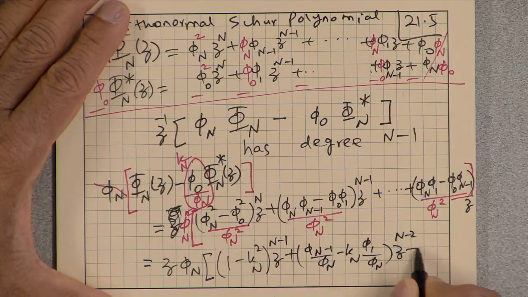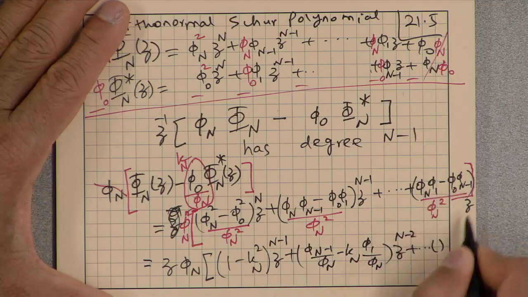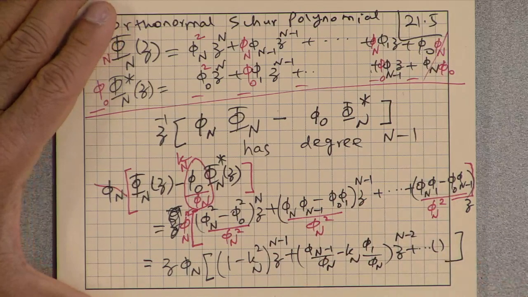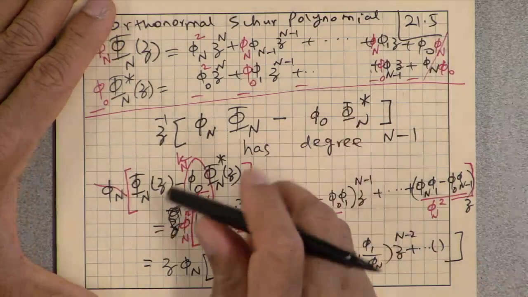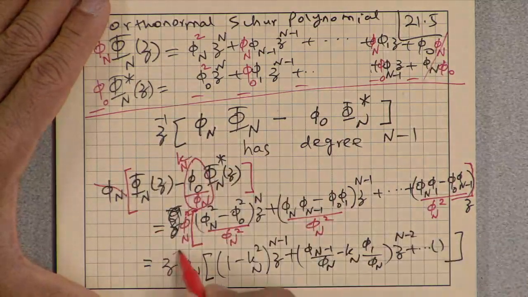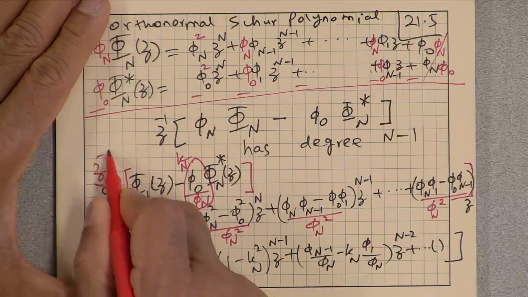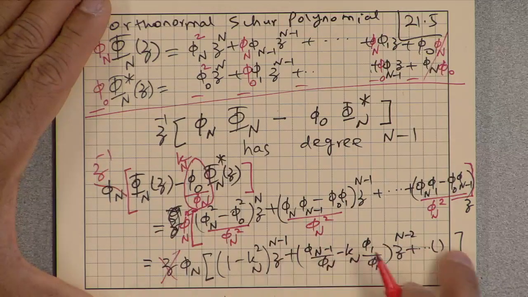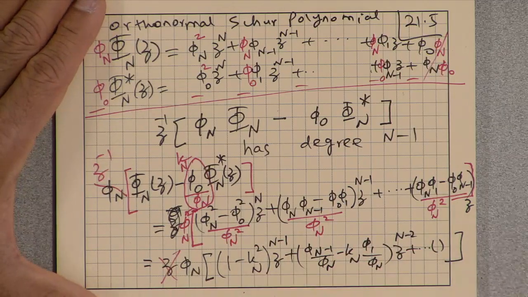Z to power minus 2 plus some constant term, because this z has been taken outside a bracket. Then if I multiply z to power minus 1 to both sides, I can essentially take this to the left side. You can see that the whole right hand side is of degree n minus 1.